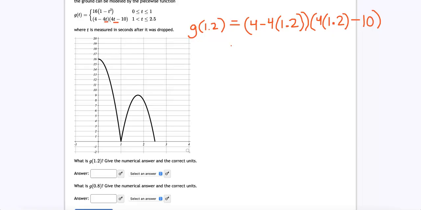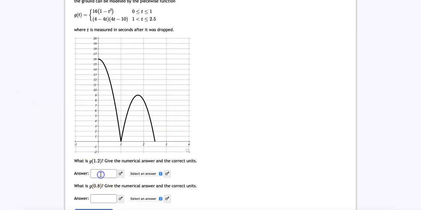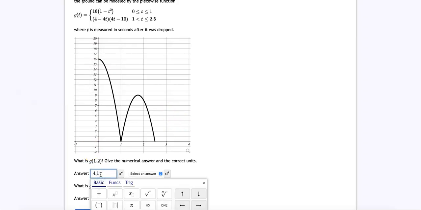Now we can simplify this further, and we have negative 0.8 times negative 5.2, which, let me type that in, all clear. 4.16. So I'm looking at 4.16.